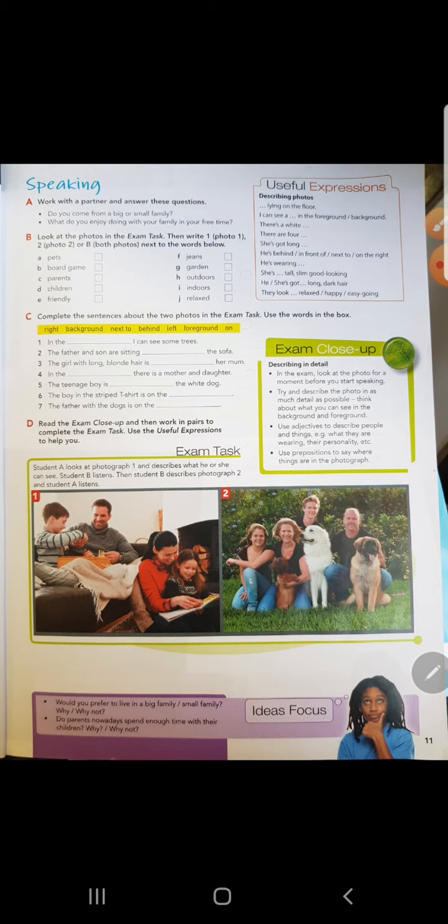First, we have to do an introduction. For example, I can see a family, or the photo shows, etc. So we have to talk about the introduction. Number two, we have to talk about the place. They are sitting in a cafe, for example.